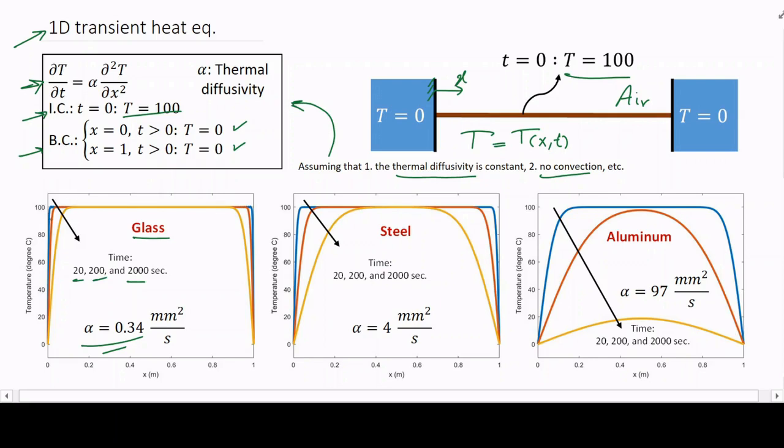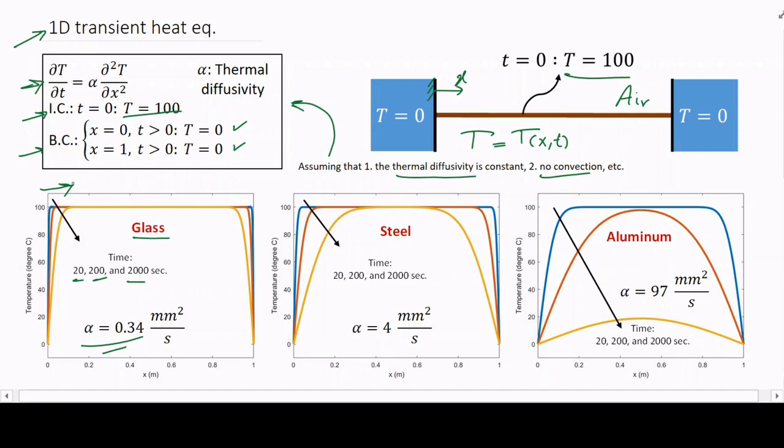So for example, at 20 seconds you can see that the temperature profile is still very close to the initial temperature, which means for the majority of the rod the temperature remains at 100 degrees C, but very close to the boundary you can see that the temperature drops to 0. As time goes by, the effects of the boundary start to diffuse into the system deeper and deeper.